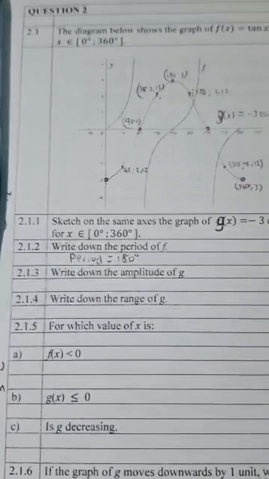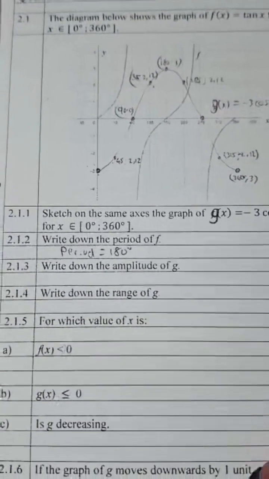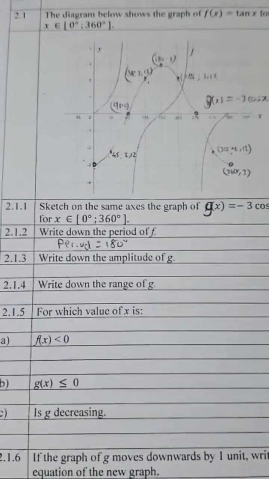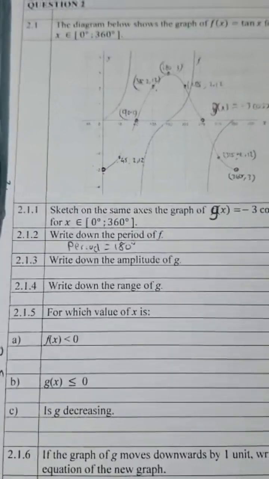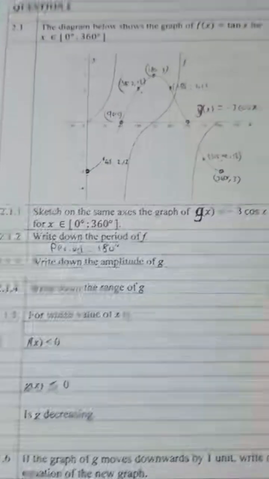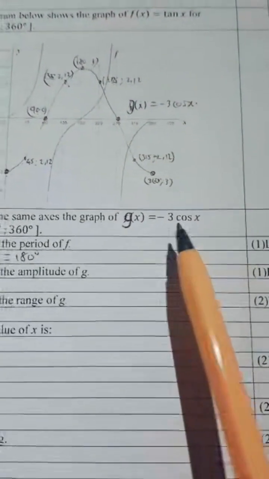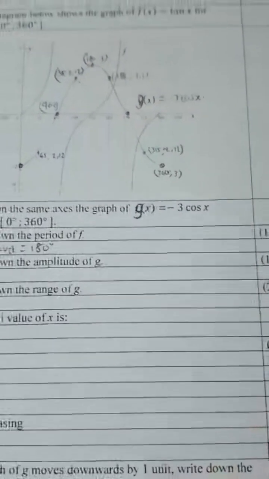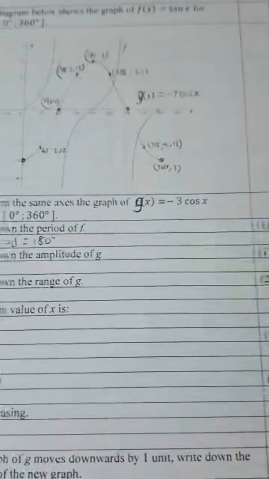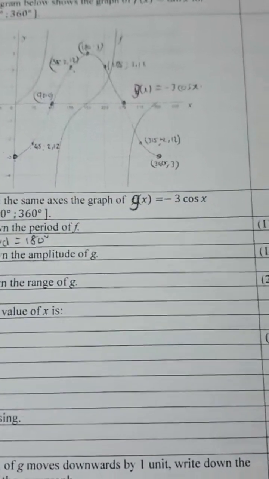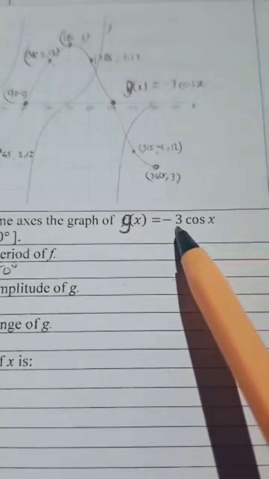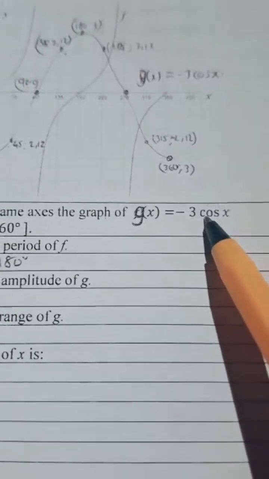So guys, what we know as well is that the amplitude is a distance, right? So any distance is not going to be negative. Any distance is going to be positive, all right? And something that we know where the sine and the cos graph is concerned, whenever we want to write down the amplitude of the sine or the cos graph, and this is only the sine and the cos graph, you must look at the coefficient of the function.